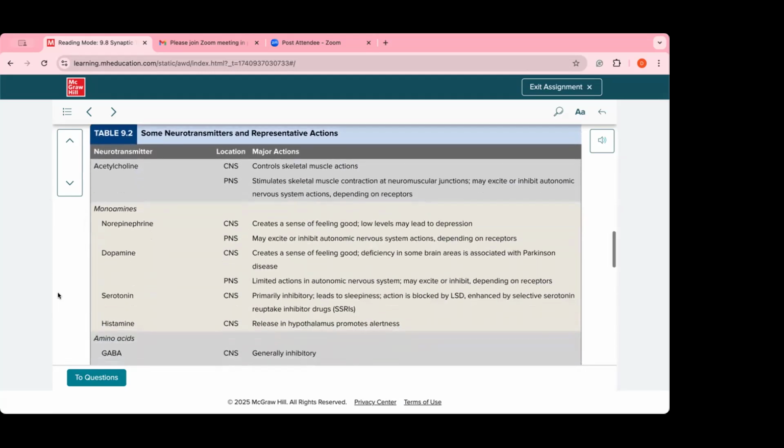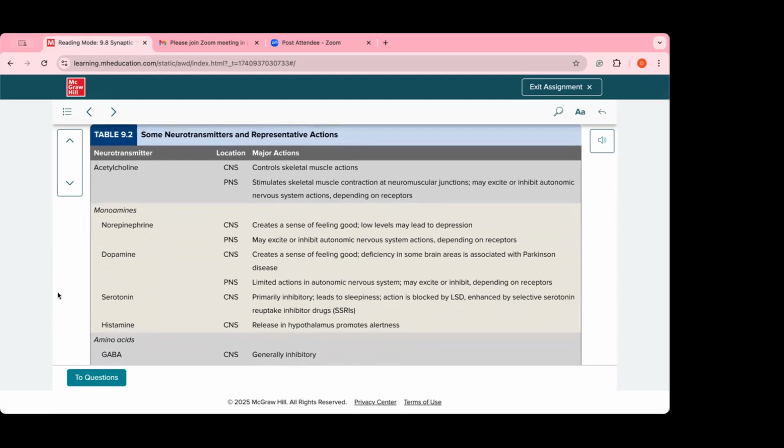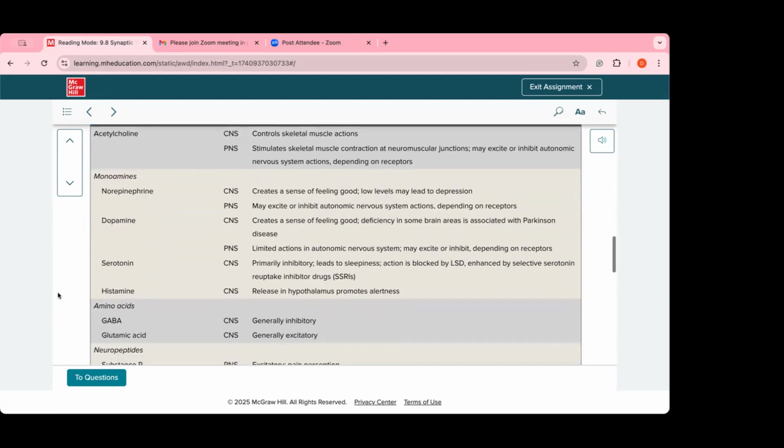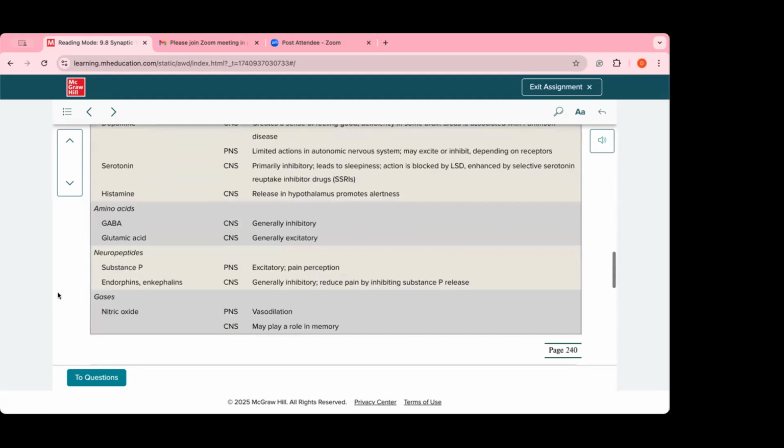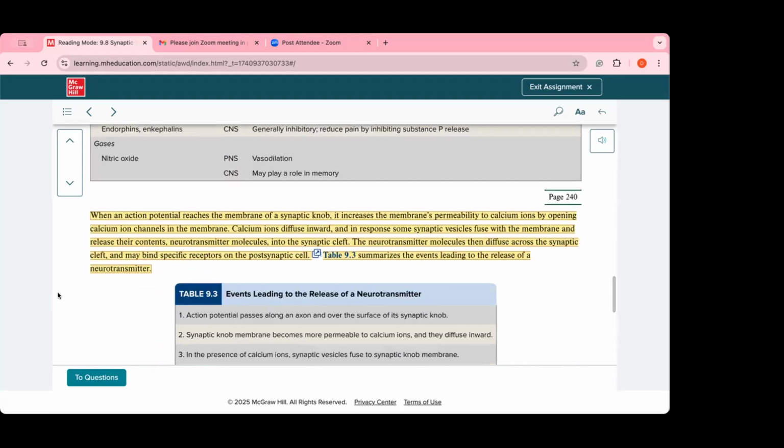When an action potential reaches the membrane of a synaptic knob, it increases the membrane's permeability to calcium ions by opening calcium channels.